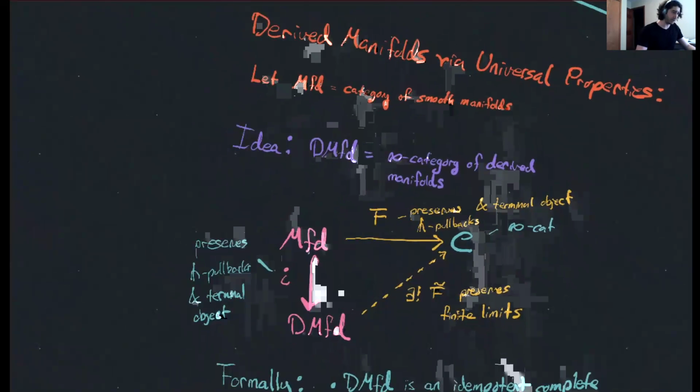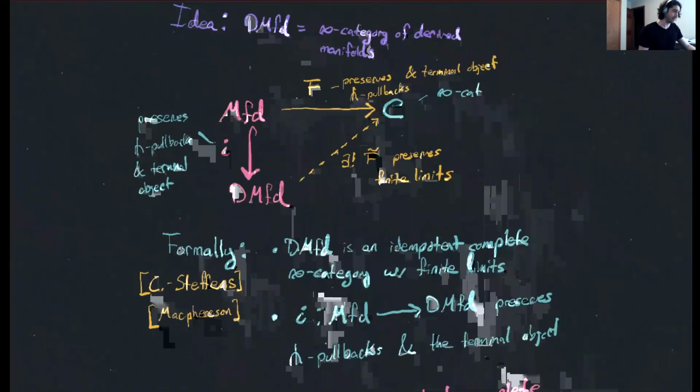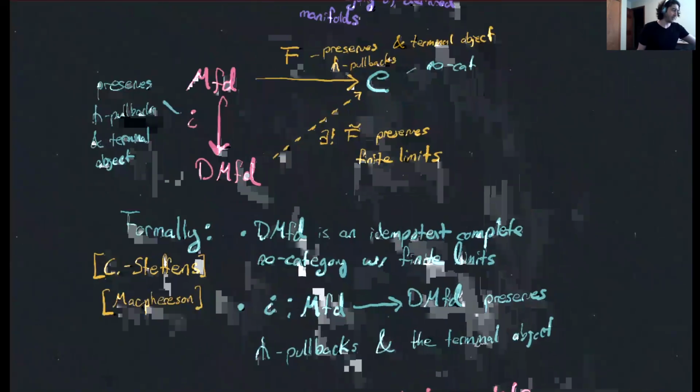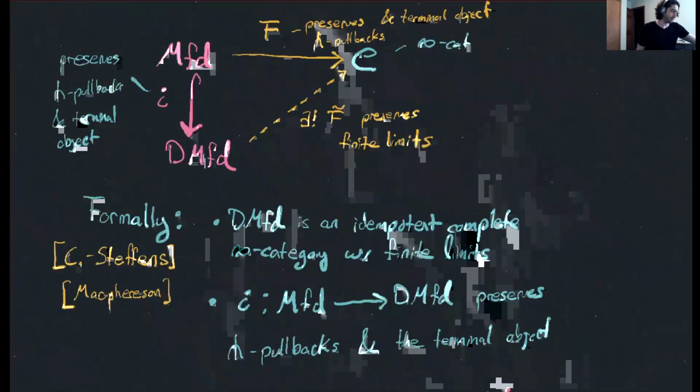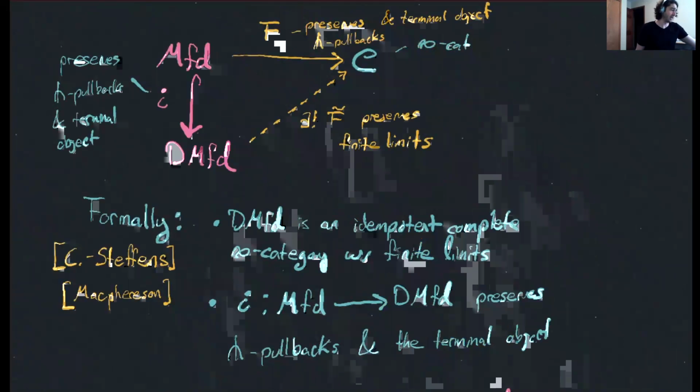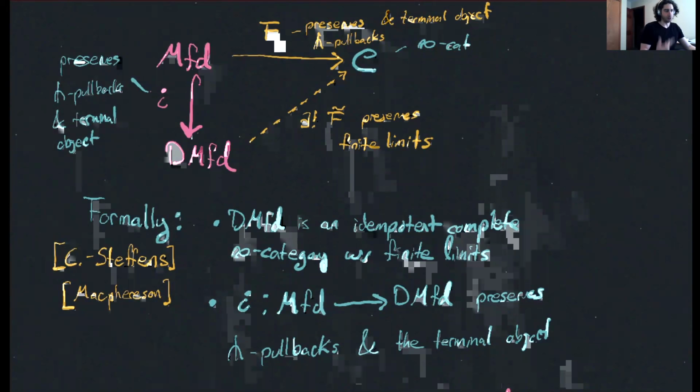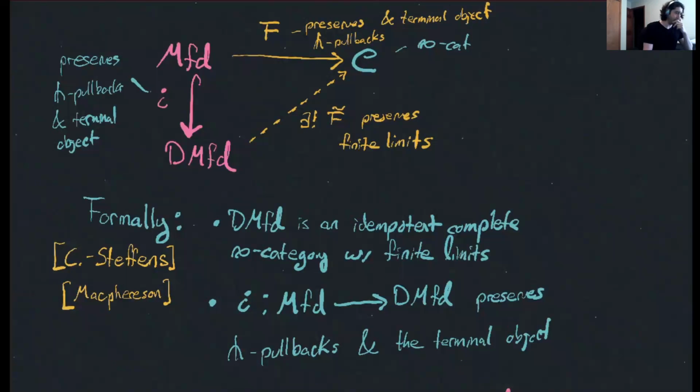So here's how you can actually do it. This definition is due to myself and Pelle Steffens, but we got some motivation from a paper of Andrew Macpherson. You just say that the infinity category of derived manifolds is idempotent complete and has finite limits. This is a strange thing if you don't know about infinity categories.